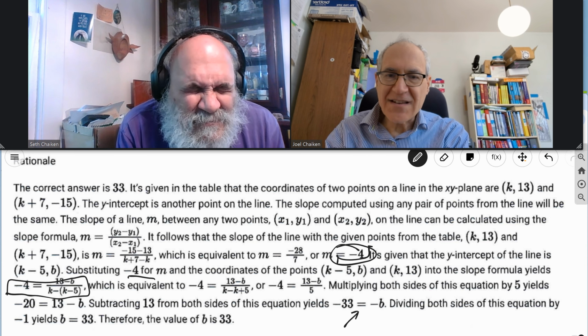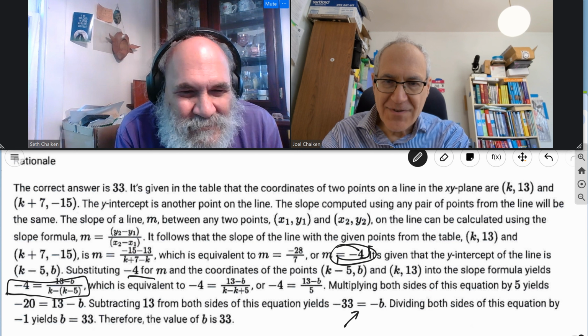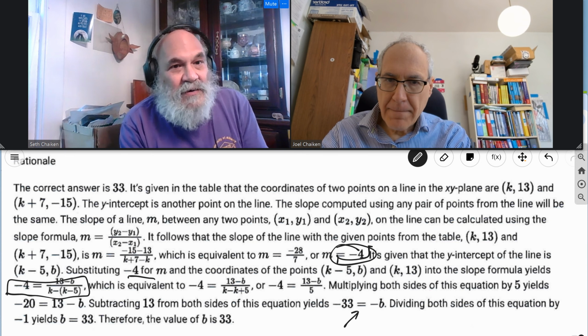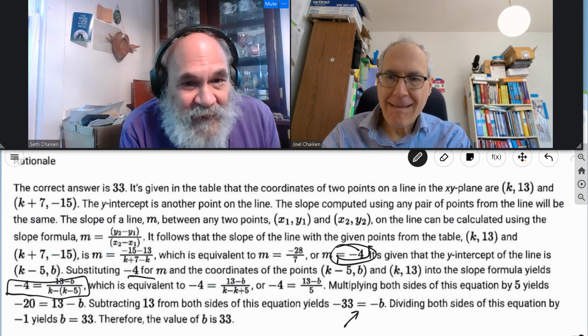So what they did is they didn't even use y equals mx plus b. Okay, so they're doing 2 equations, 2 unknowns also.